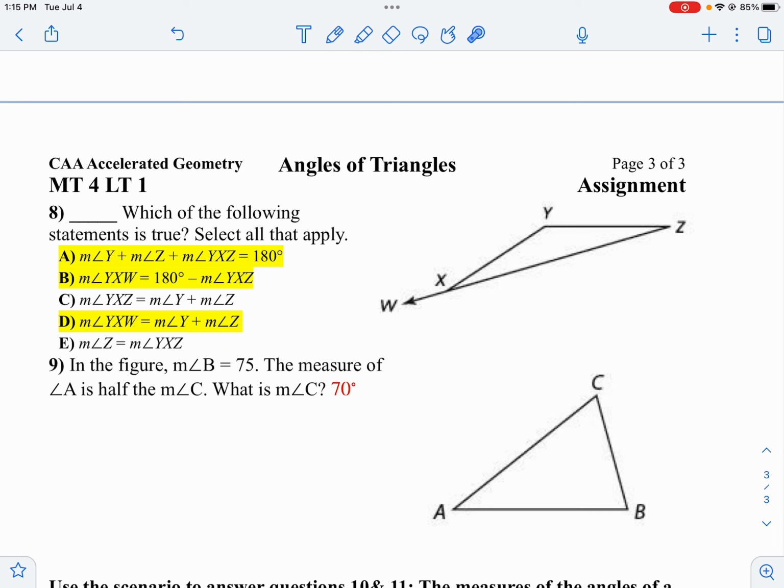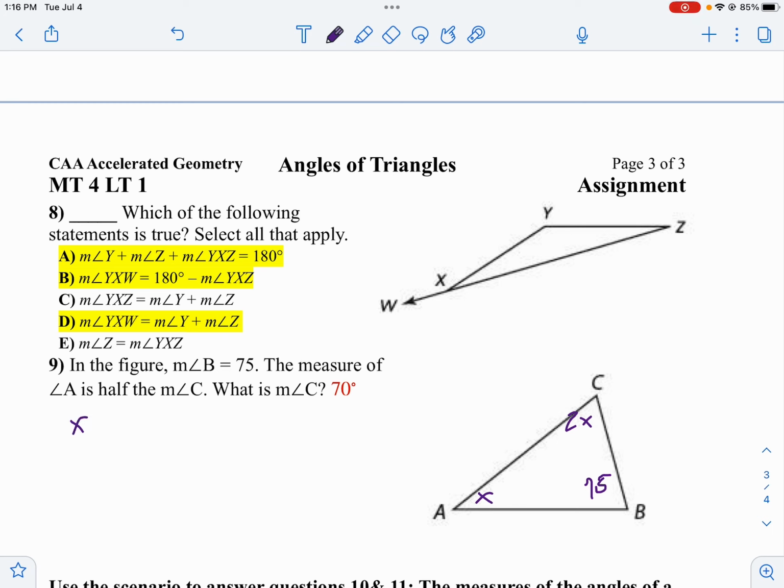In figure B, the measure of angle A is half the measure of angle C. And so what I think I'll do is I'll call angle A x, and I'll call angle C 2x. And we're told angle B is 75 degrees. Now we can do this in a couple different ways, but I think I'll write it here.